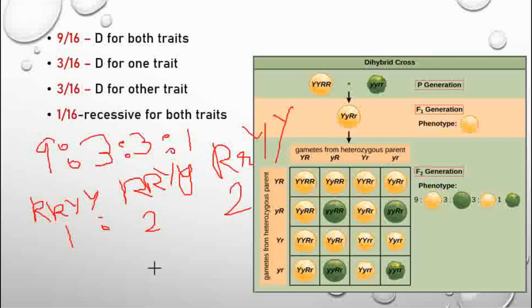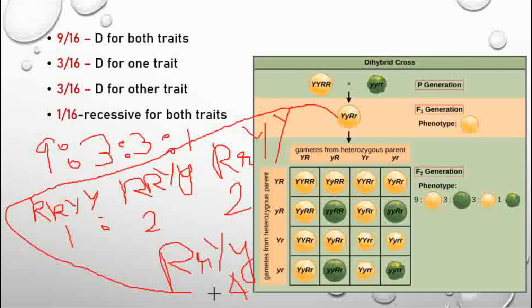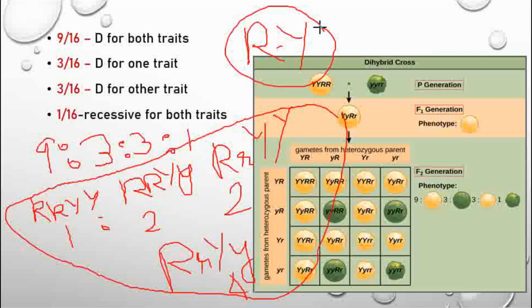Similarly capital R, small r, capital Y, small y, it's 4. So when we add all these genotypes, we write it as 9 because they have the same phenotype, round yellow. That is why we wrote 9 in the phenotypic ratio. But genotypically, each one is different, because the capital R, capital Y genotype is different. But when looking at the phenotype, everything looks the same. Understood?